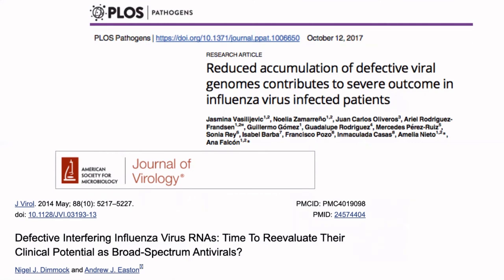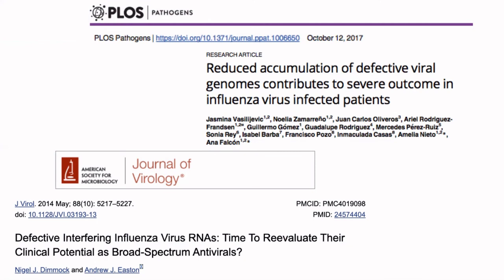So that brings back Nigel Dimmock, who is a scientist in the UK and incidentally the cousin of one of our colleagues at NYU, totally by chance. And he has been working for decades actually on DVGs. When nobody was working on it, this guy was working on these defective interfering particles.